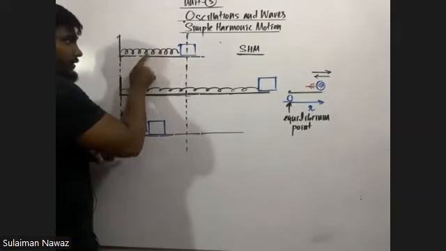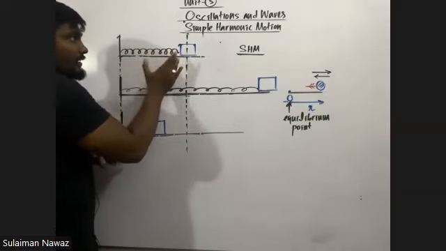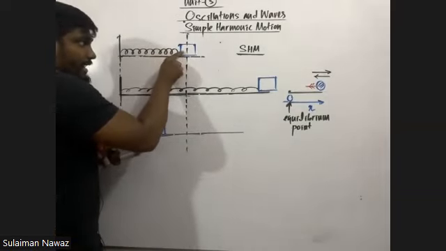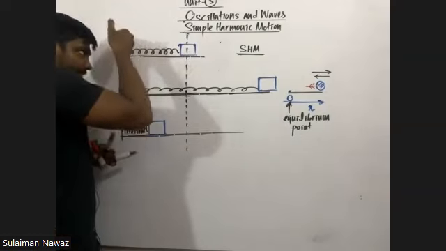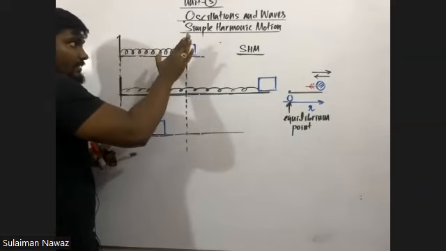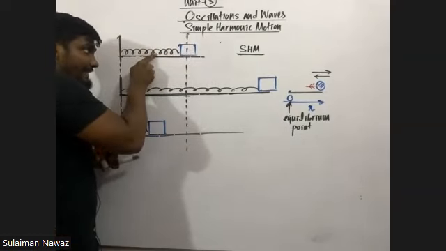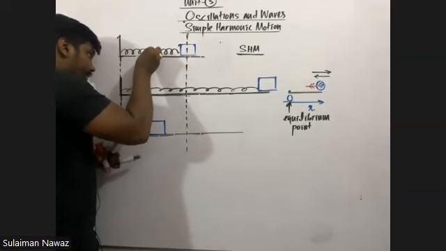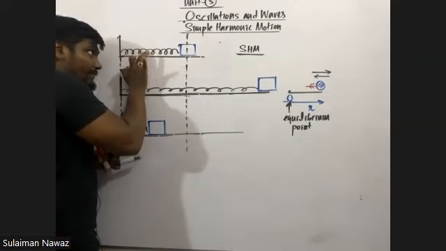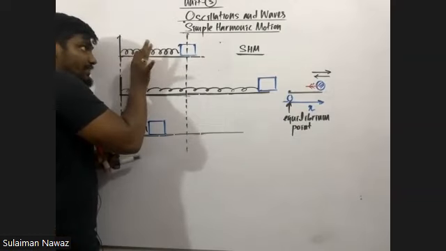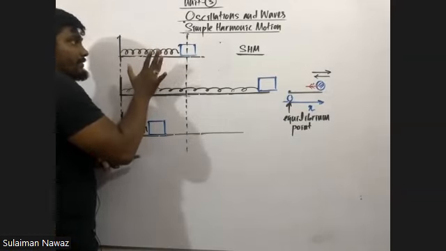Now you can clearly see that a mass is connected to a horizontal spring. This first diagram shows that the spring is at natural length, that means your spring is not stretched or compressed.